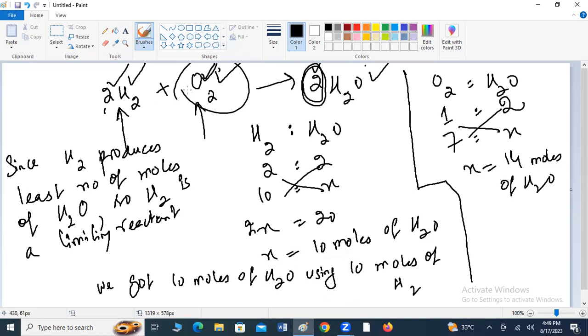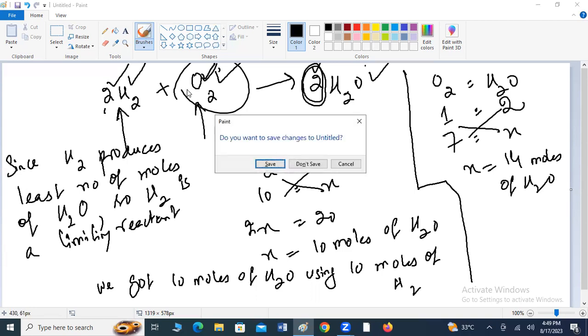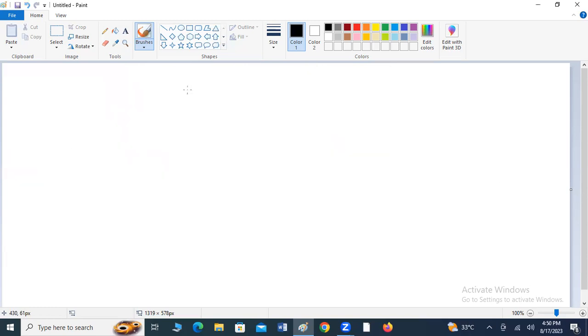Fair enough. So let's move on to example 1.6. This is a lengthy one and important. So let's do this. Have you written this one? Yeah. So first of all, we should write the equation.